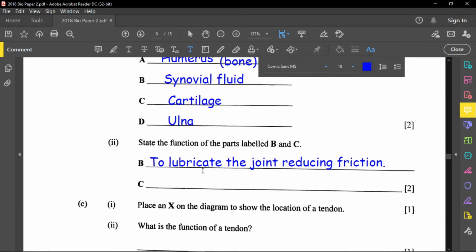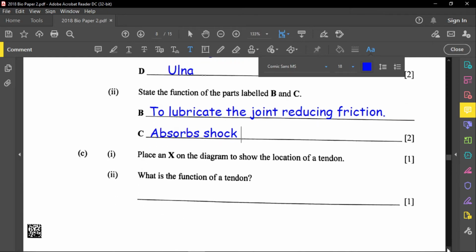And C, the cartilage, is a shock absorber. So if there is a sudden hit or sudden jerk, the cartilage can absorb the shock to prevent injury to the ends of the bones.